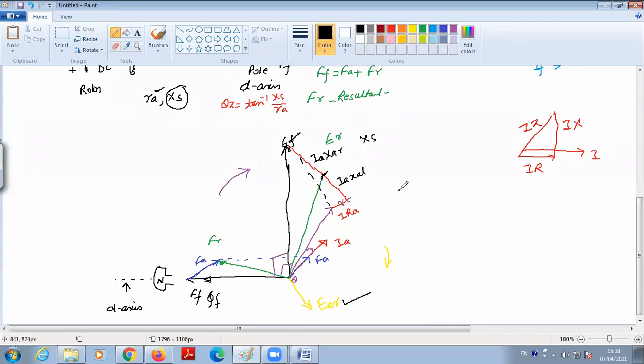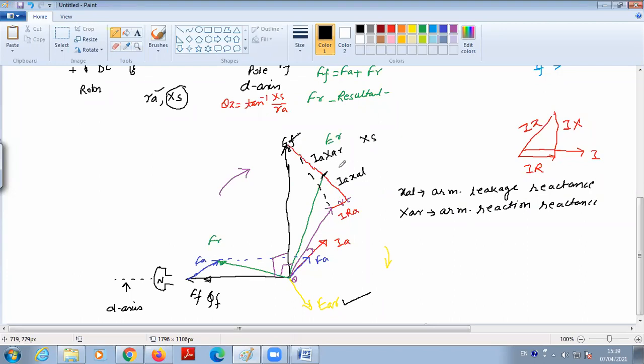So we will write here, XAL is the armature leakage reactance, XAR is the armature reaction reactance, and as both are in the same line, the dimension is the same, it is a voltage.